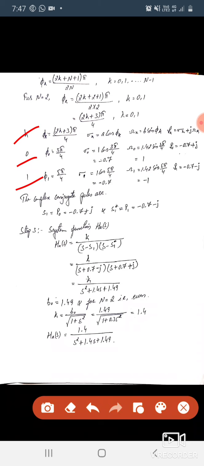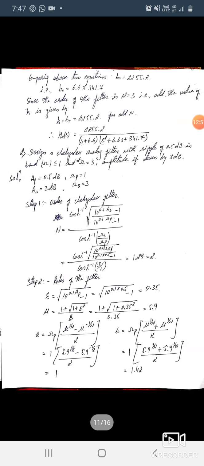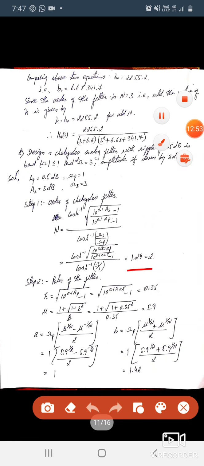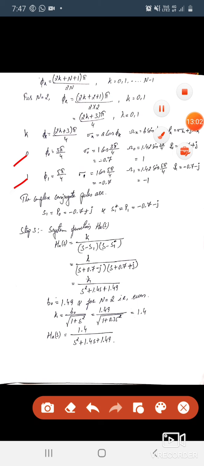Okay, for that reason we will go through what is the value of n here. N is taken as 1.29, means 2. For that reason it's an even part. For that reason you are going to calculate for 0 and 1.